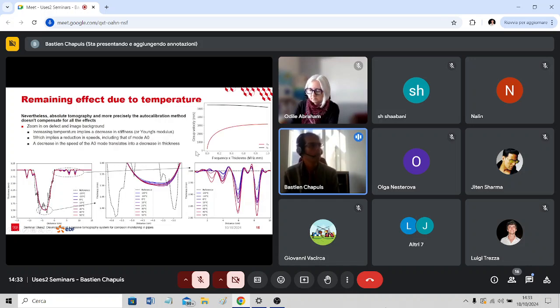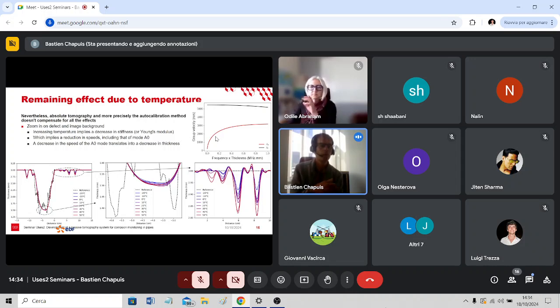This is due to the fact that here we use the A0 mode in this particular case, and with temperature, the Young modulus varies, which gives a variation of speed, which is explained by the group velocity dispersion curves, and this variation introduces a small variation in the thickness. A possibility to get better results would be to use the dispersion curve at the correct temperature.